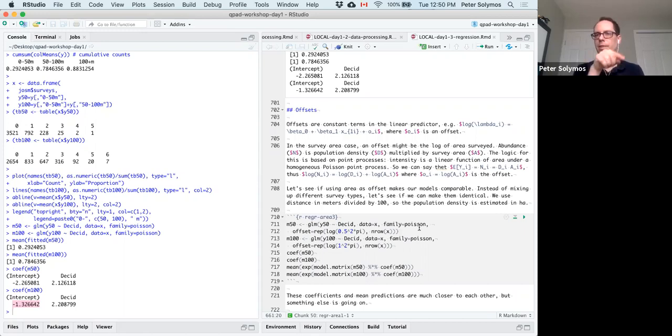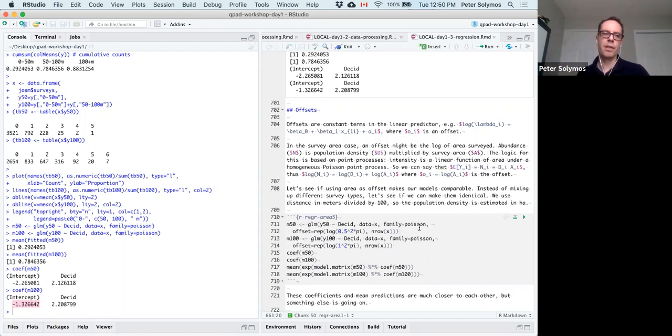So you can include it as beta naught plus beta 1 times x1 plus offset. That is just going to offset your expected value, higher or lower. Again, this is on the log scale, so you need to think about the transformation. But on the log scale, this is just something you add or subtract from the mean.